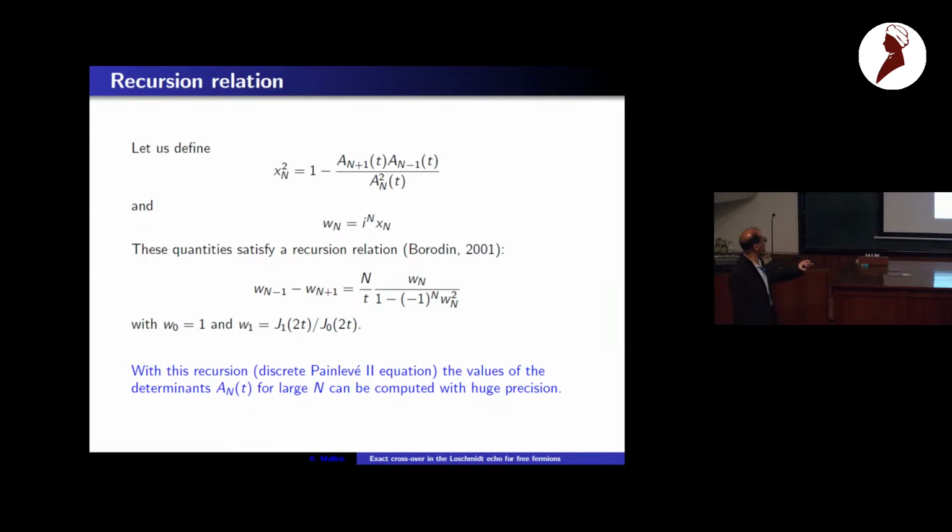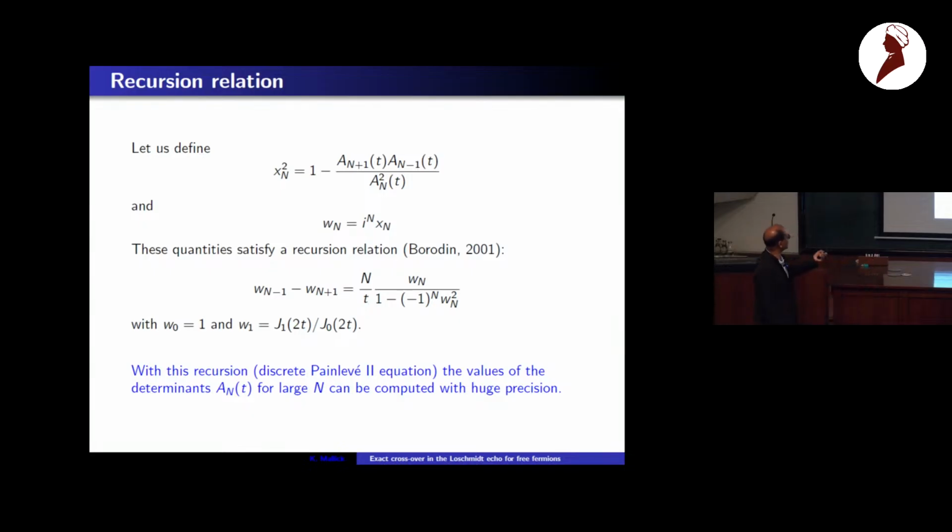I could not really trace back where this recursion relation was written for the first time, but it appears in a paper of Borodin in 2001, and he also cites Bazor and other people. In principle, it contains the whole information, because it allows you to compute these determinants very fast, much faster than brute force, and you can go to n equal to thousands very easily, with huge precision.